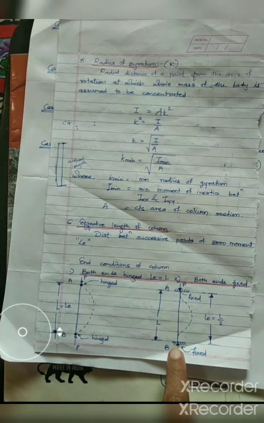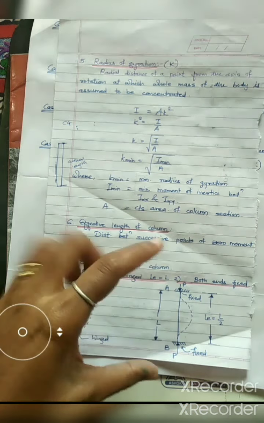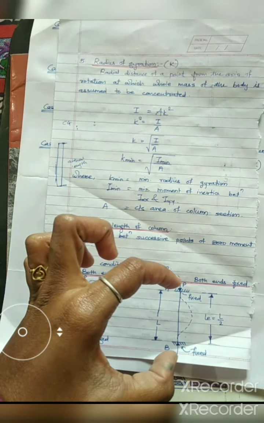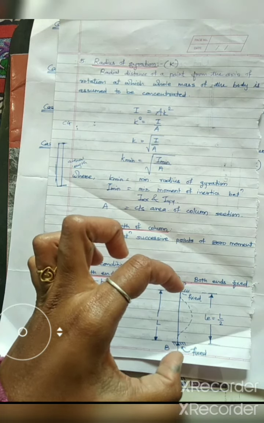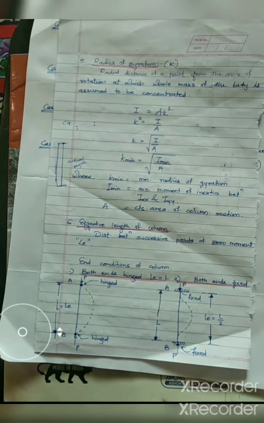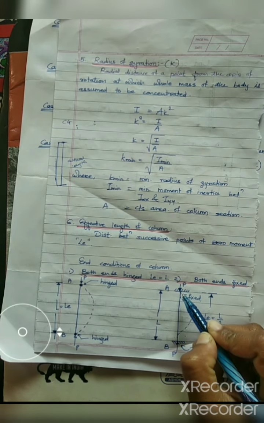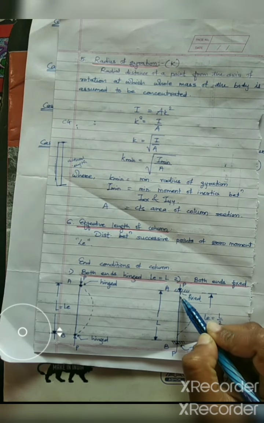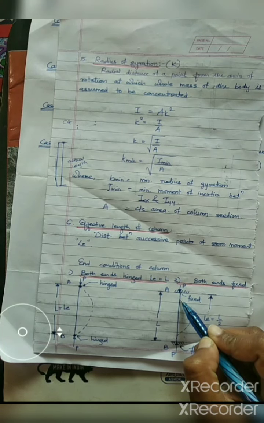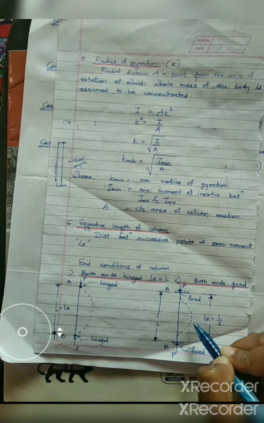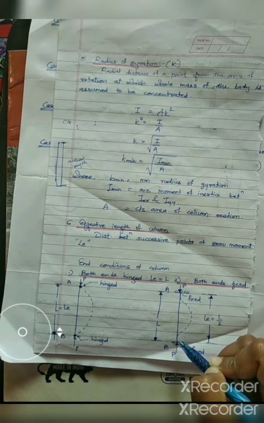And P acts compressive in nature on this column, which has both ends fixed. If this is the condition, then your column will buckle at a distance from the support, so it will bend like this.